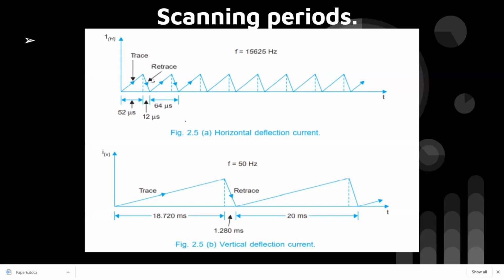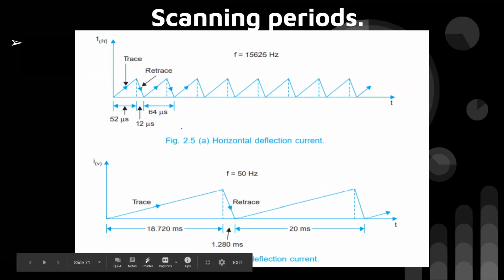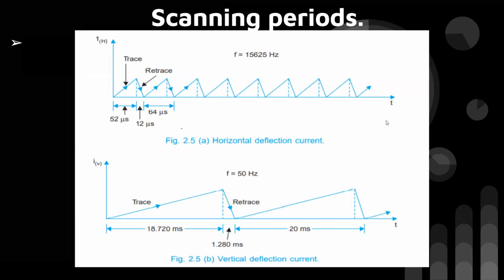Therefore, to activate this trace and retrace, you require 52 and 12 microseconds. So horizontal deflection requires a total time period equal to 64 microseconds.